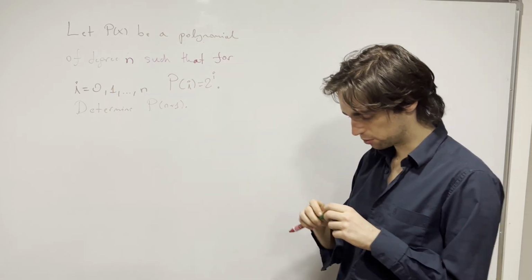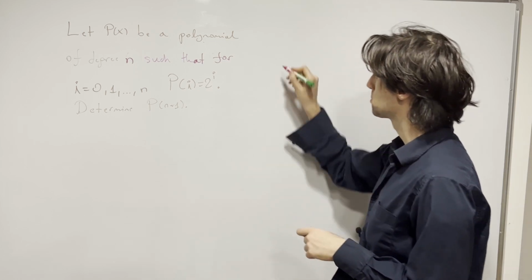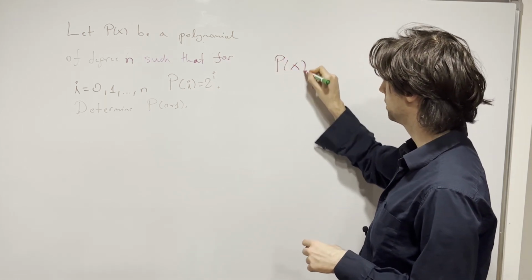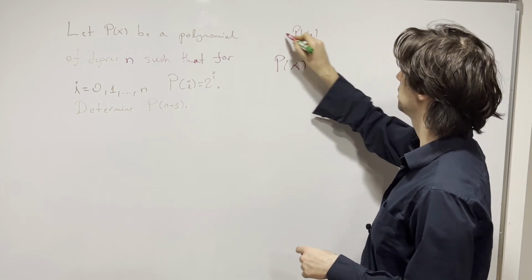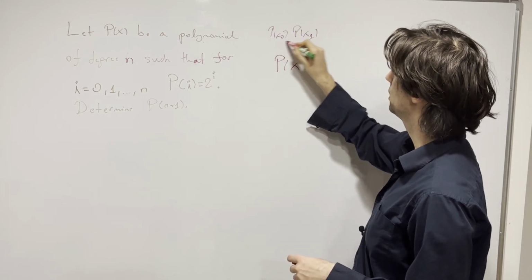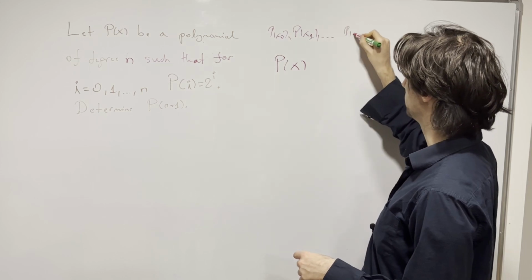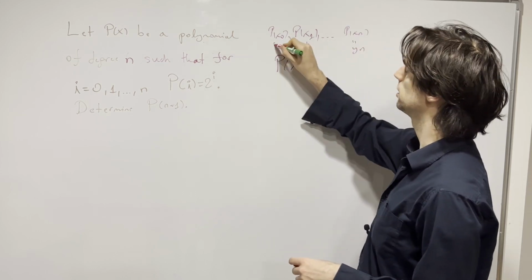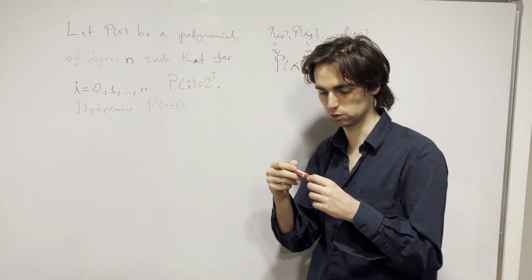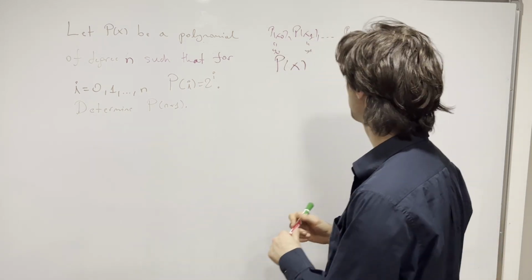And one way to go about proving this is to say we have values p of x0, p of x1, p of xn, and these are equal to y0, y1, yn, so p of xi is equal to yi.